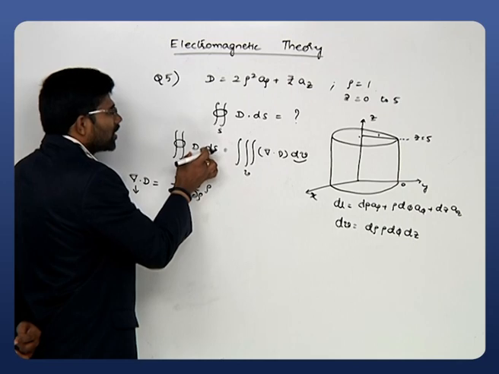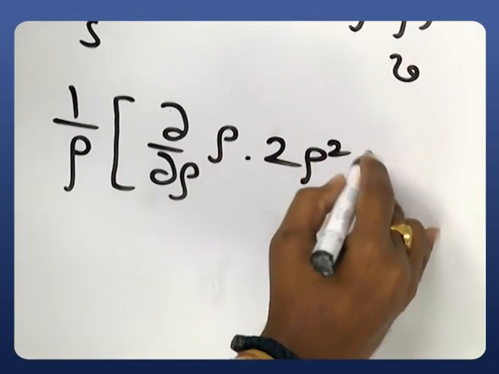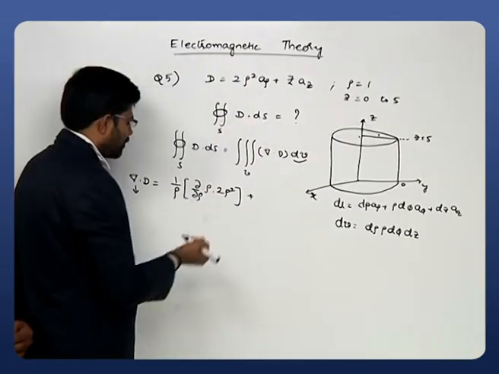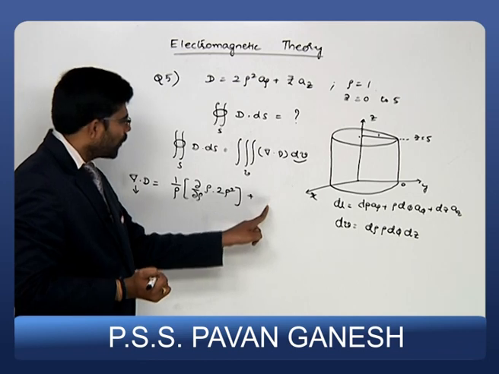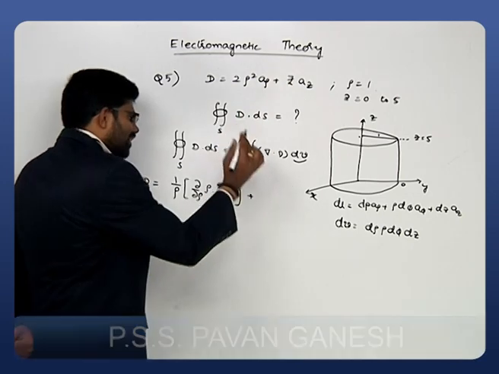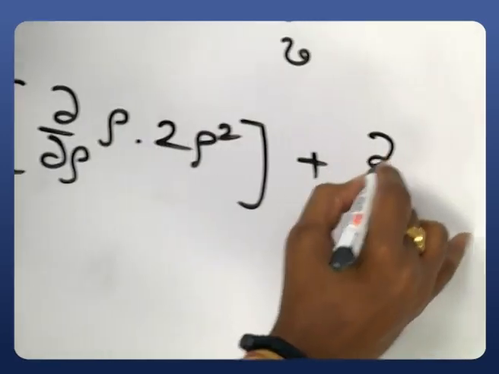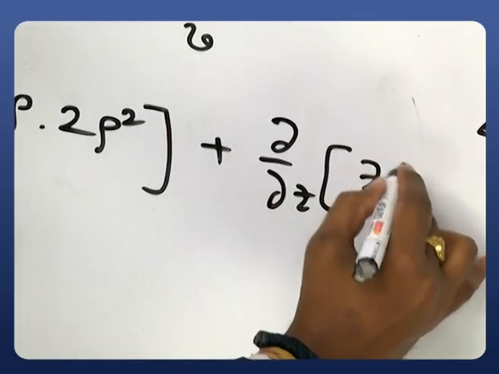A rho is nothing but 2 rho square here, so it is rho times 2 rho square. Plus dou by dou phi is the next term, dou by dou phi of A phi. A phi is not there, so directly neglect that. No problem. The next one is dou by dou z of our z component, z.